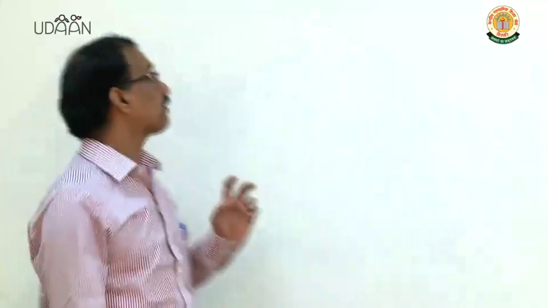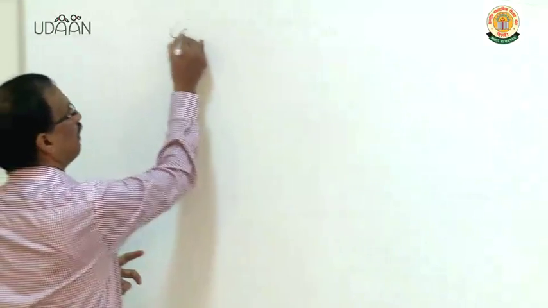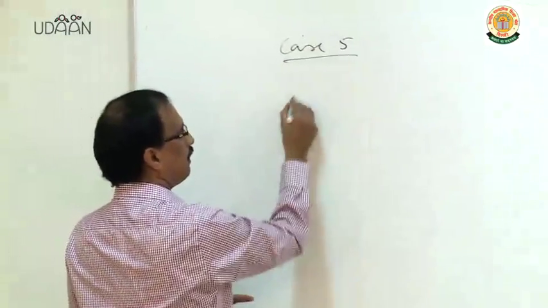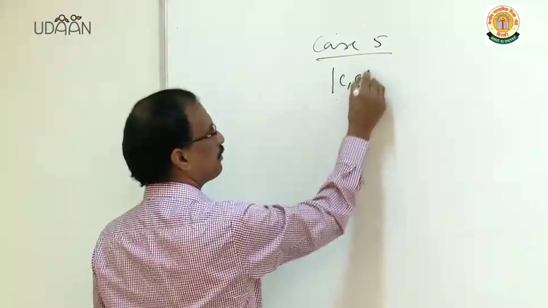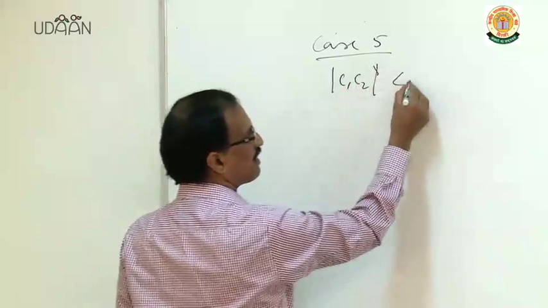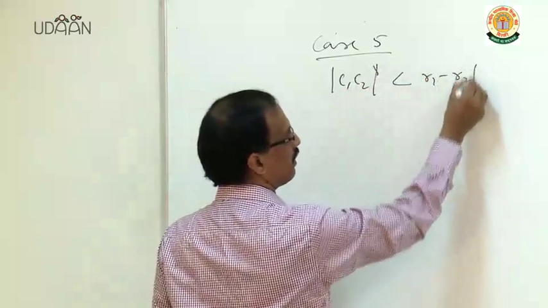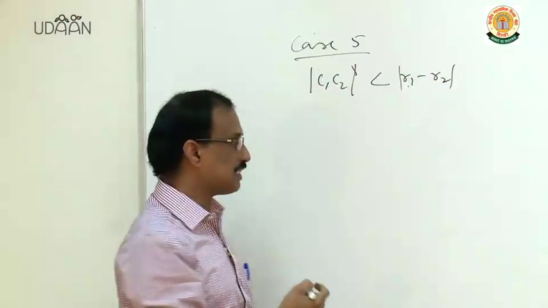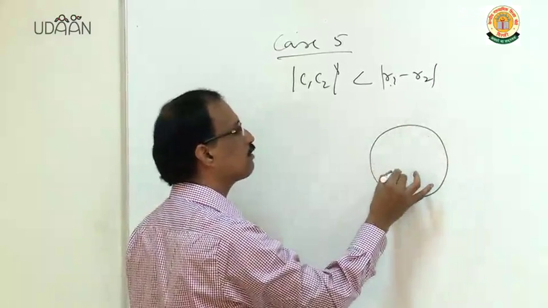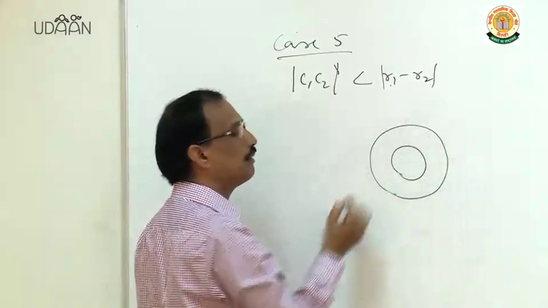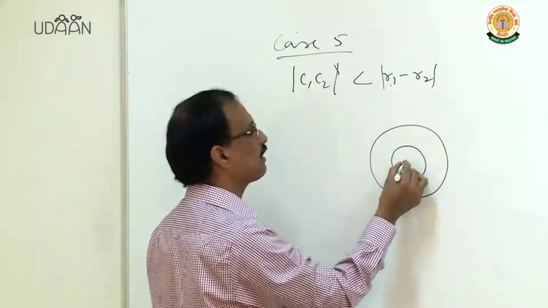Another, case 5. If the distance C1C2 is less than R1 minus R2, it means the circles are not going to touch, and one will simply remain inside the other.